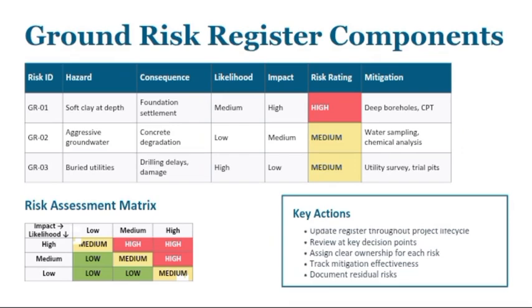So in such a case, mitigation strategies for a place that has soft clay and can suffer foundation settlement, and this high risk priority, could include pile foundations, ground improvements, preloading, or redesign.